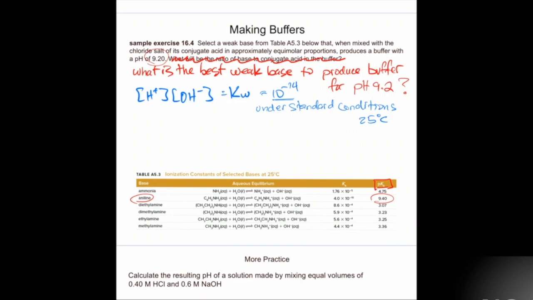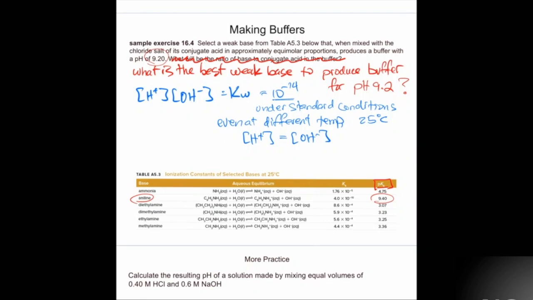But even at a different temperature, this will still be true: whatever the hydrogen ion concentration is, it's always going to be equal to the hydroxide ion concentration. That never changes, because that's the net ionic equation, and those will always combine to form H2O.